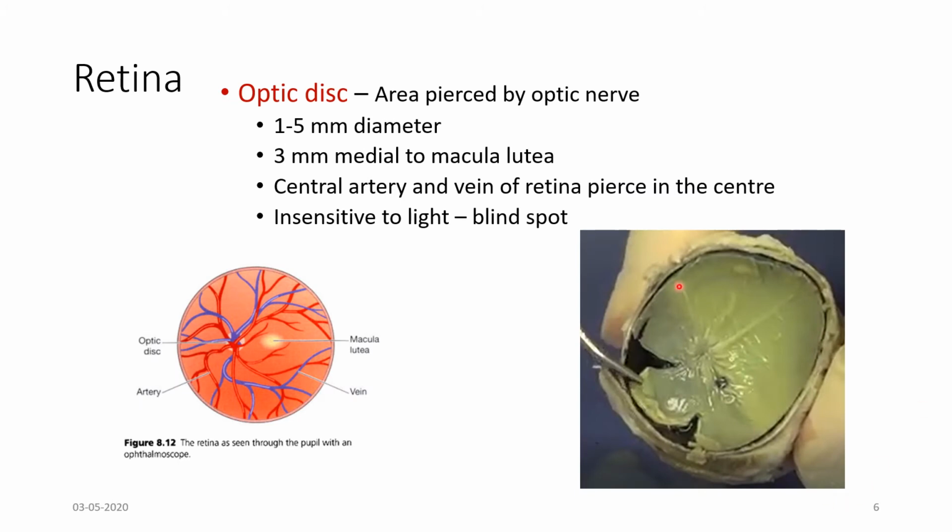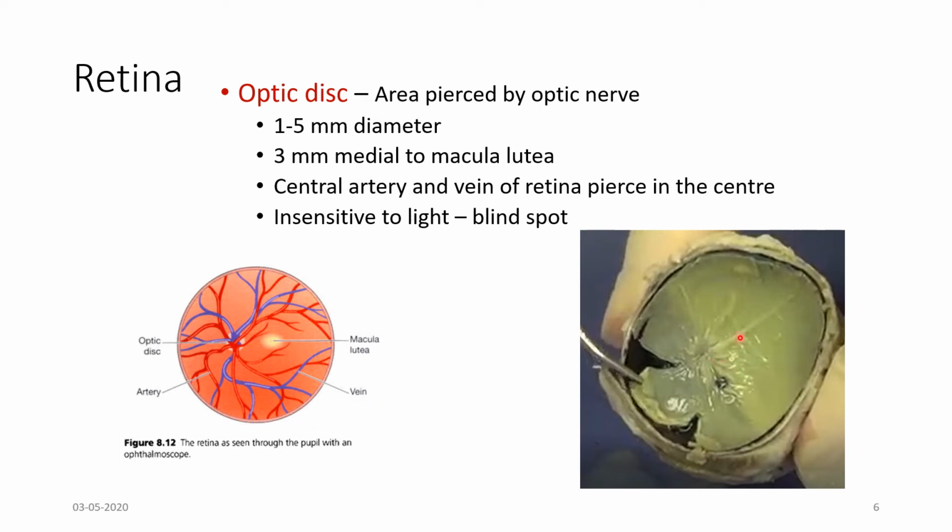And what is the optic disc? During the cow's eyeball dissection, I have shown you the optic disc. This is the depressed part, the area pierced by optic nerve fibers.